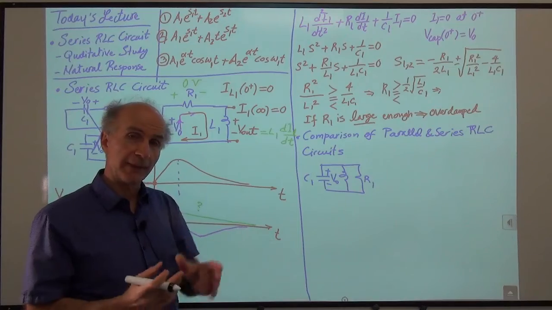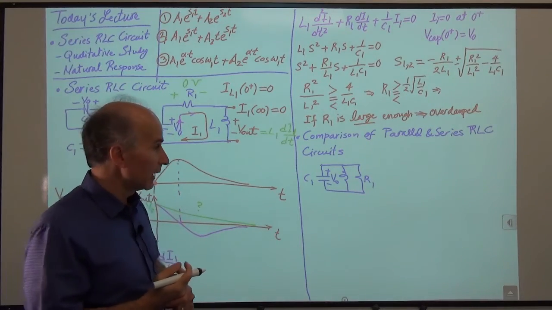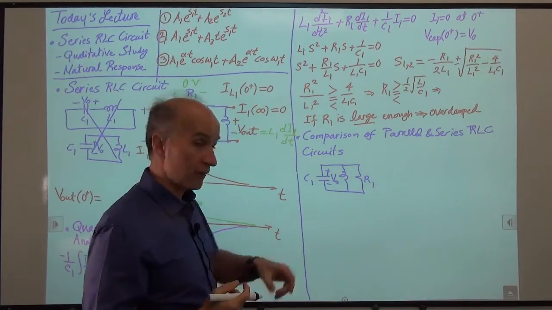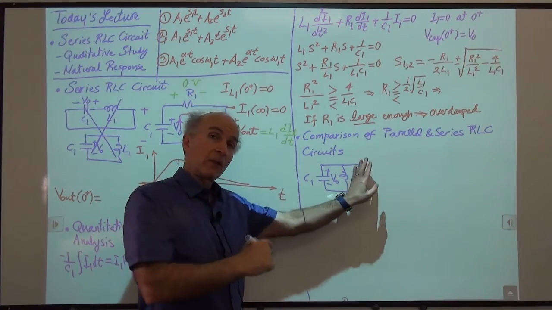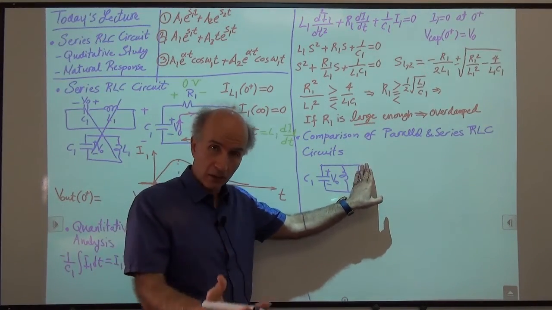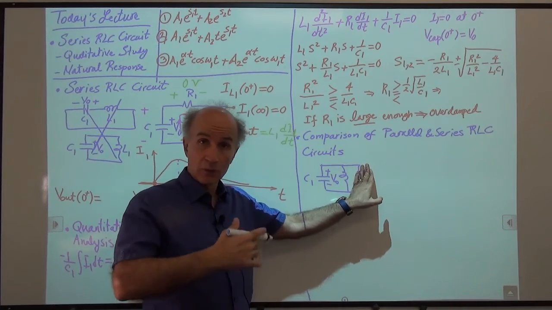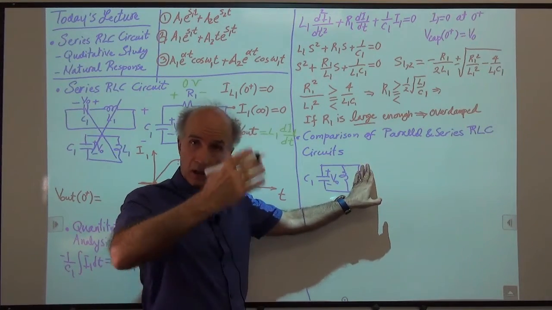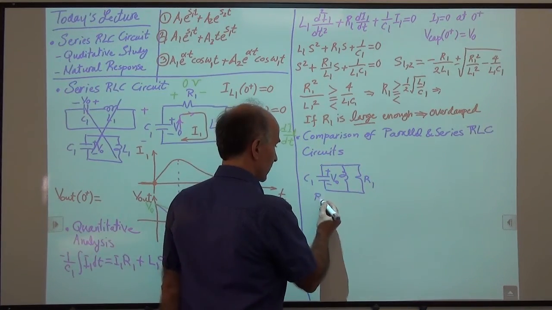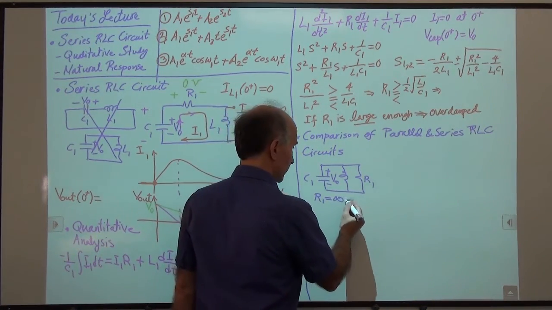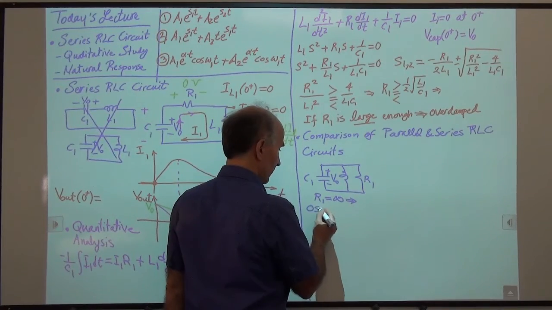It just settles, right? Why is that? Well, because we saw that in the extreme case, if R1 is infinity, the circuit reduces to an ideal LC tank, which will ring forever, which will oscillate forever.